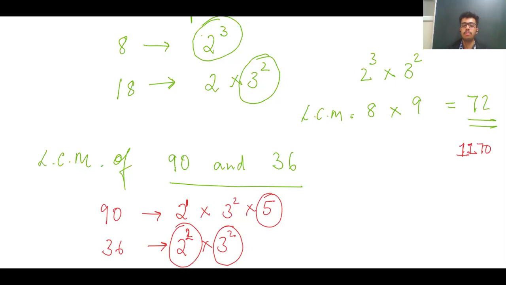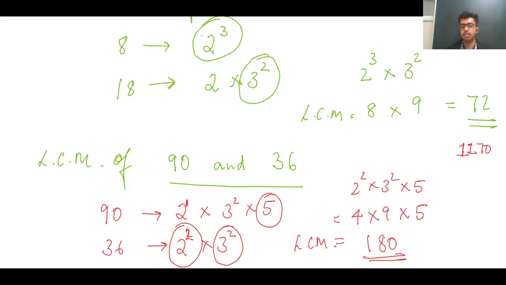Comparing them, multiply all of this: 2 square into 3 square into 5. That is equal to 2 square is how much? 4. 3 square is how much? 9 into 5. What is 9 into 5? 45. 45 into 4 is 180. So the LCM is 180.